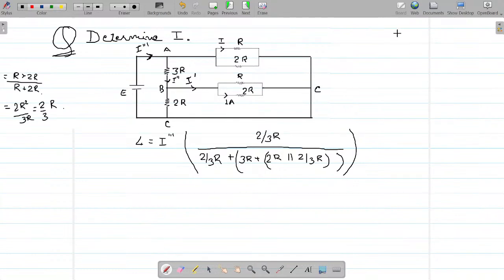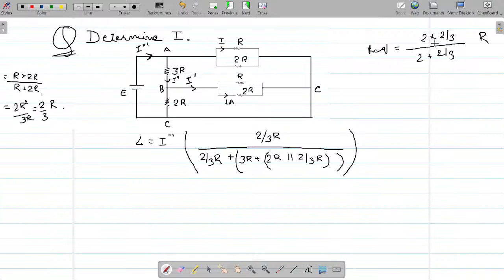Okay. So tell me what is 2R parallel to 2 by 3. Can I write it to be 2 into 2 by 3 upon 2 plus 2 by 3 times R. This would be what? R equivalent. Can I write it? Right?